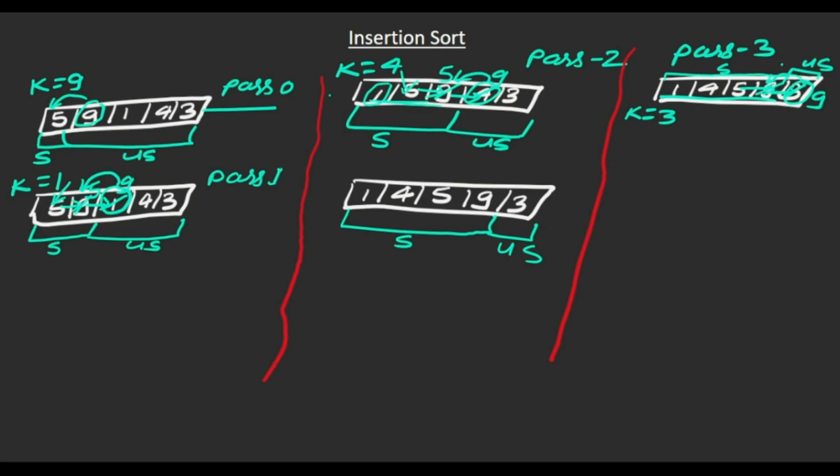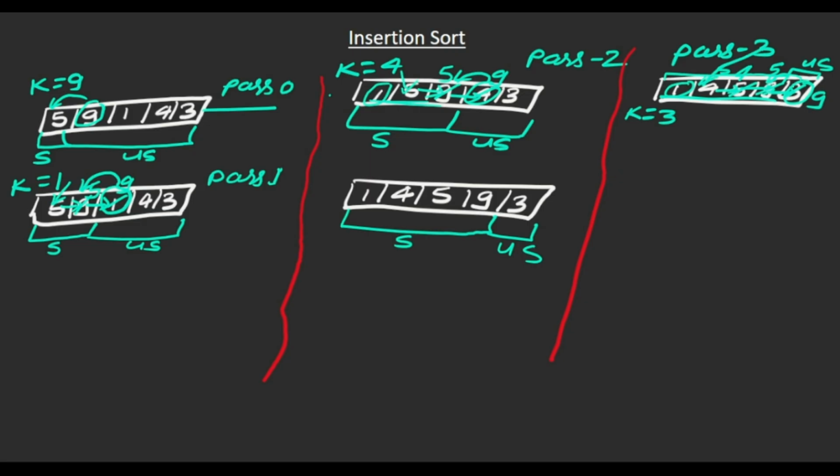This becomes 5. Now again 4 is compared with 3, right? So again key is less than 4, so again shift will happen. This becomes 4. Now since key is greater than 1, this swap will happen here, right?